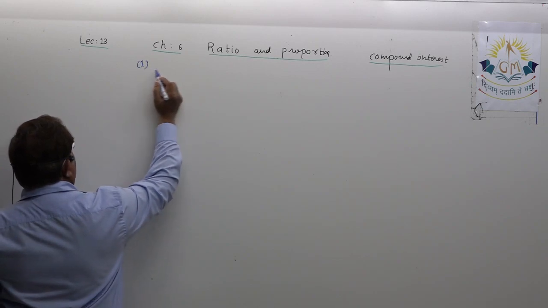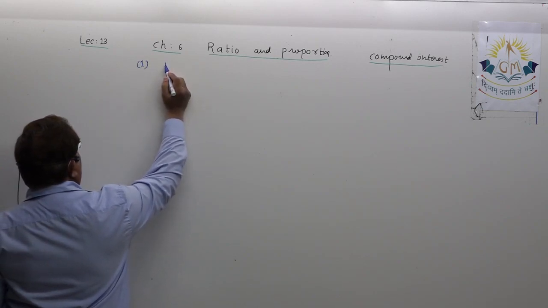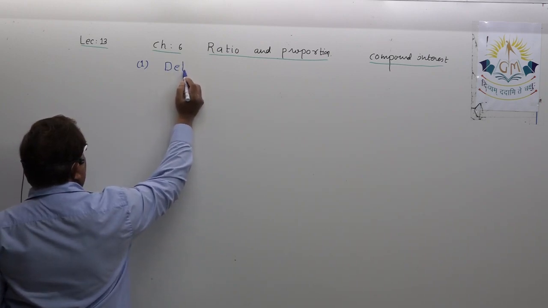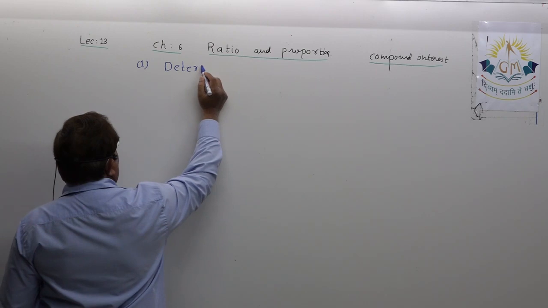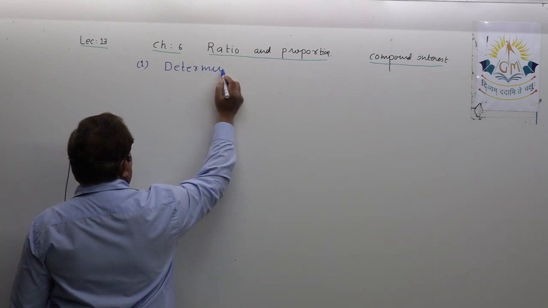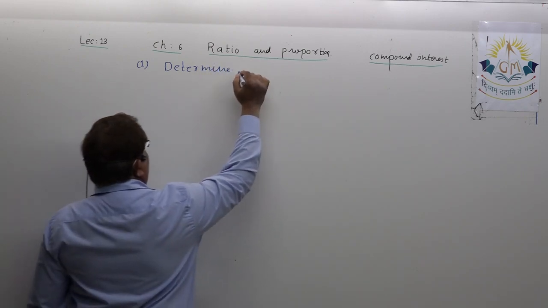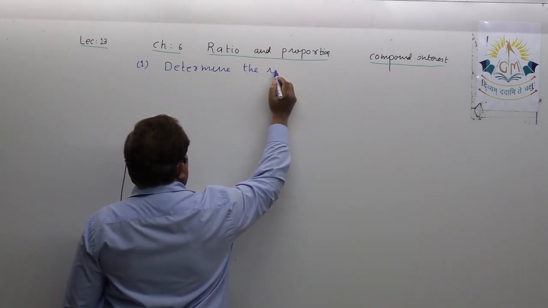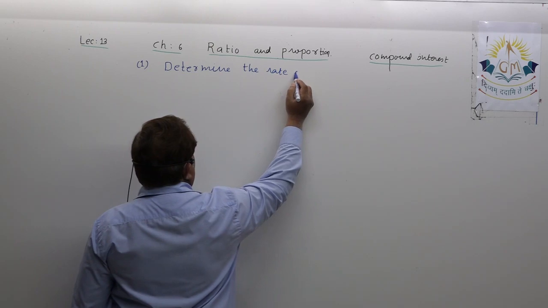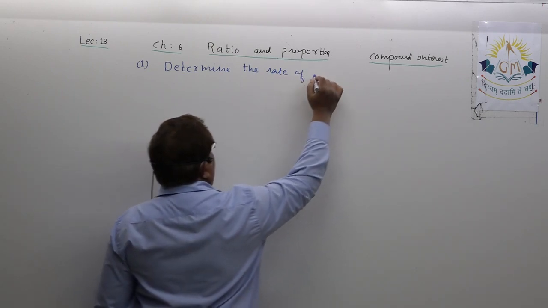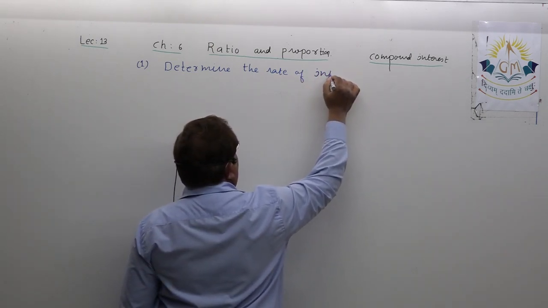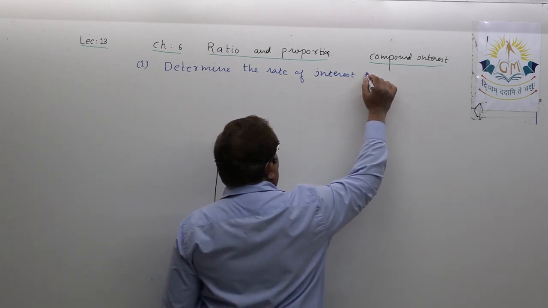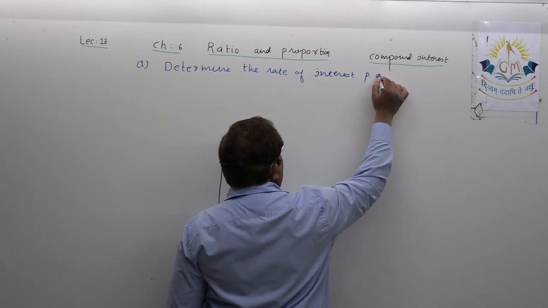What is the example? Determine, note down with me, okay? Determine the rate of interest per annum, okay?